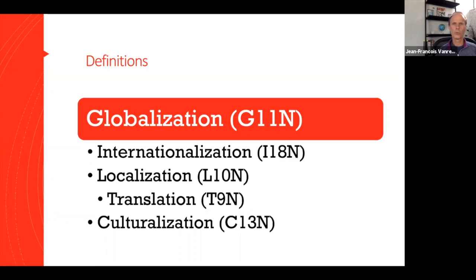So for example, if you have an application that needs to deal with social media, of course, Facebook is kind of a global player, but if you go to Japan, for example, you may have to deal with Line, which is the most popular social media application that they use in Japan. So you're going to have to maybe develop some specific features for the Japanese market in that case, and that's what we mean by culturalization.